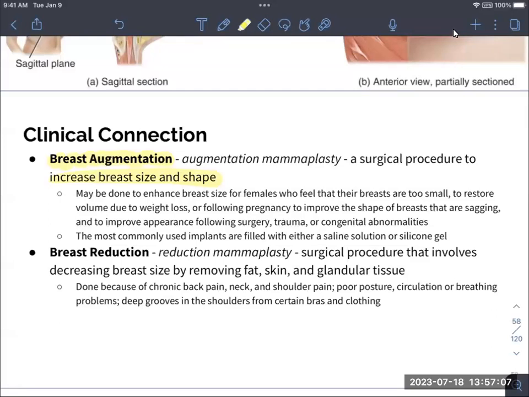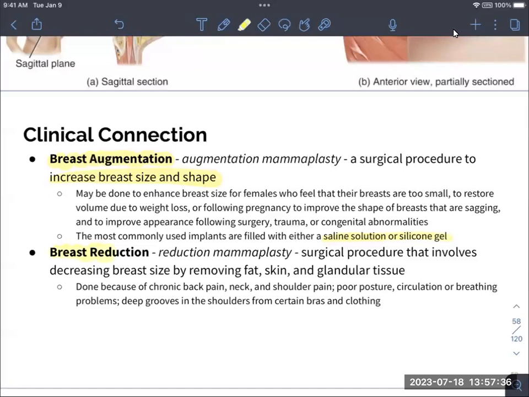It can also be done after removal of the breast for breast cancer, where the whole breast needed to be removed. Sometimes people will do breast augmentation to restore having a breast. Implants can be made of saline solution or a silicone gel.